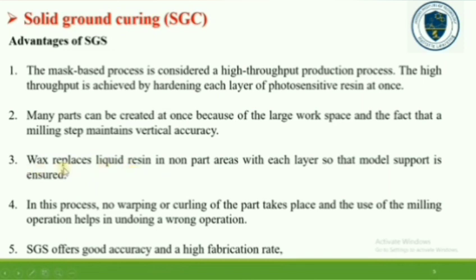And fourth one, in this process no warping and cooling of the part takes place, and the use of a milling operation helps in undoing wrong operations. In the milling operation, if you make any small mistake in the curing, it will be removed with the help of the milling cutter, and the chips are removed with the help of vacuum guns. Fifth one, SGC offers good accuracy and a high fabrication rate, so we can do mass production.